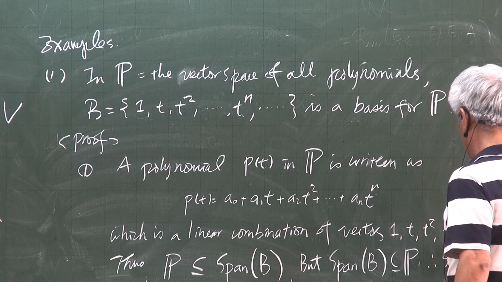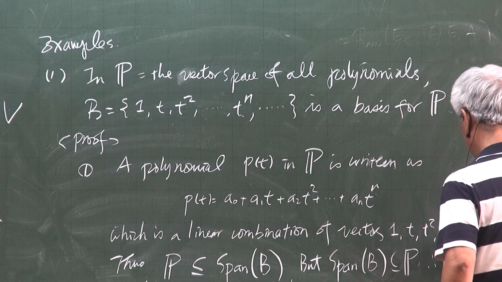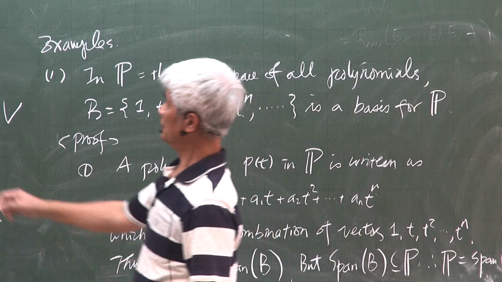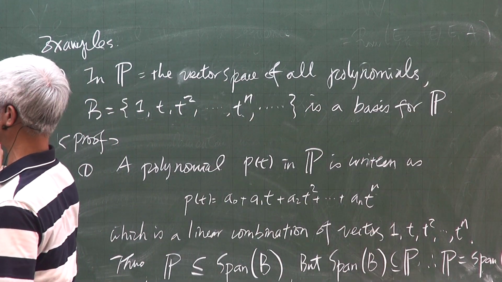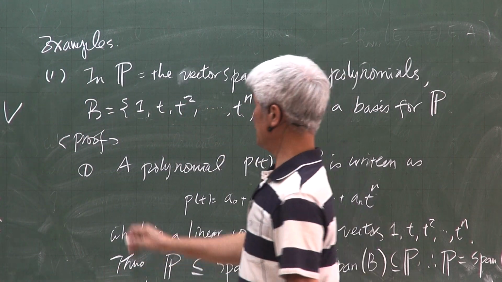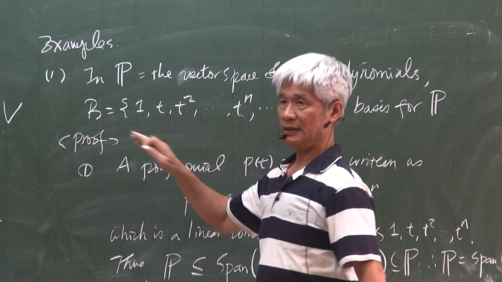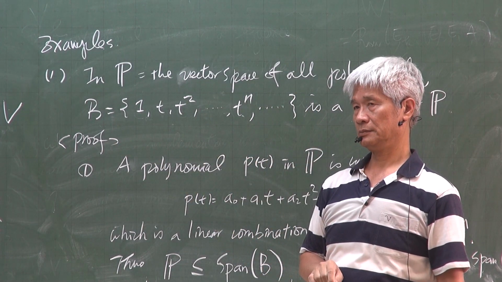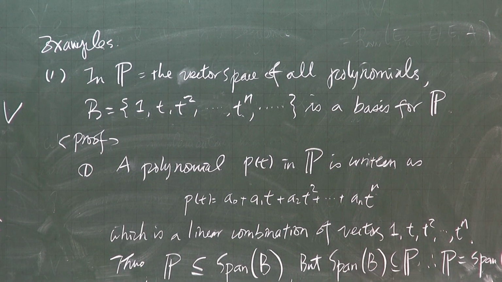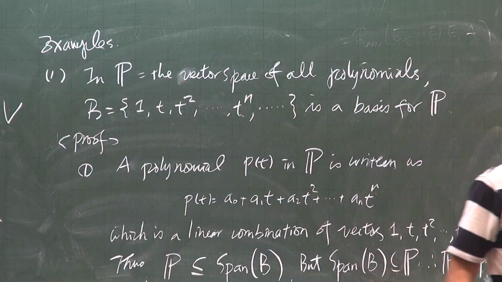So the span of P is the span of B, so the set spans the vector space. This is the first requirement. The second requirement is that we have to show B is a linearly independent set. That is the second part.